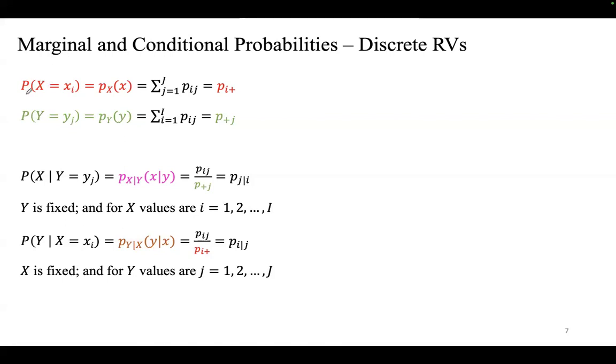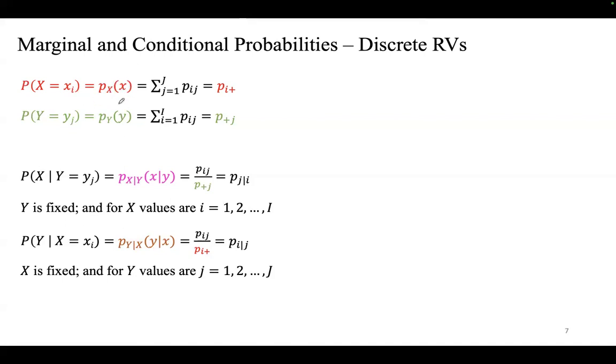I have used a color scheme here. The first line here is in red, and it says the probability that x is equal to x_i.